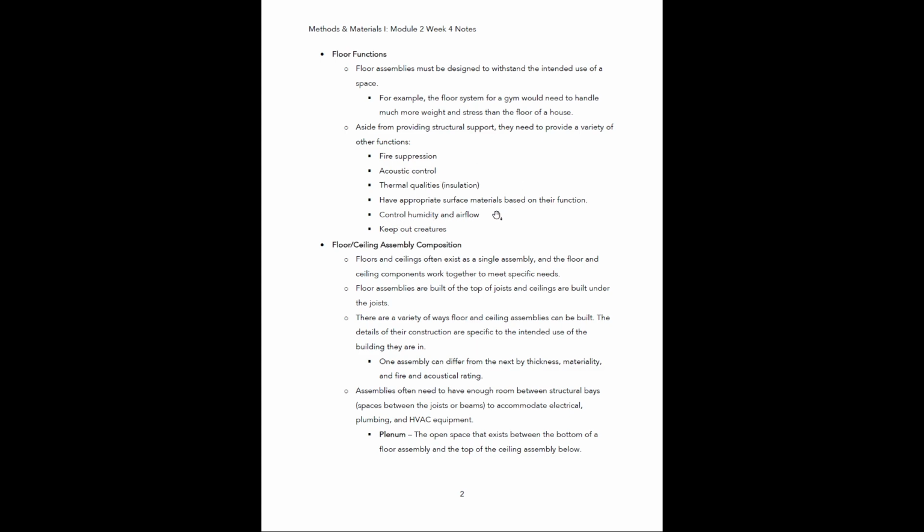They have to have appropriate surface materials based on their function. Going back to the gym and the house, a gym might have a rubberized coating that gives you grip so you don't slip when you're lifting heavy weight. If it's a house, you might have carpeting so that there's something soft under your feet.